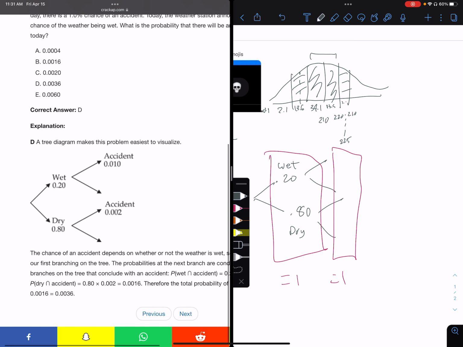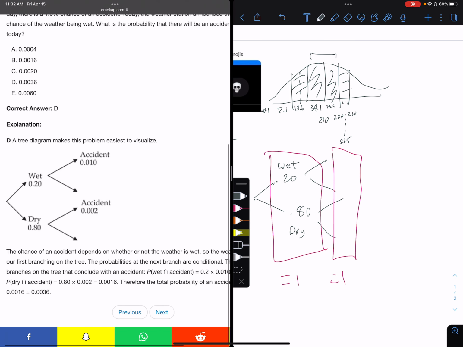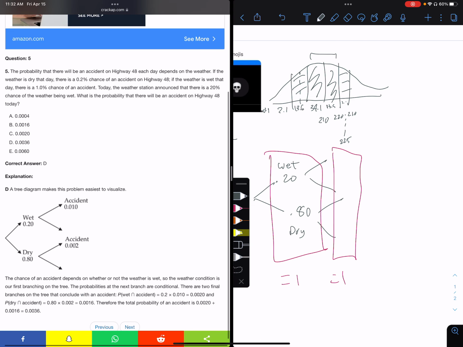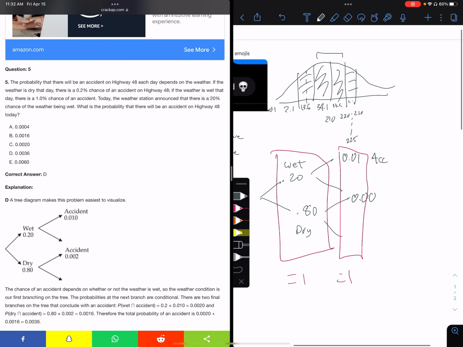But the thing is, how did they get, huh. Oh, it's because, wait, no, I still don't get it. Wait, no, it makes sense. Yeah, this makes sense. Okay, so there's a 1%, so 0.01 accident. This is a 0.2%, so 0.002 accident.